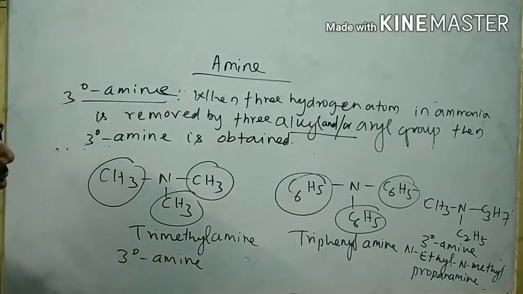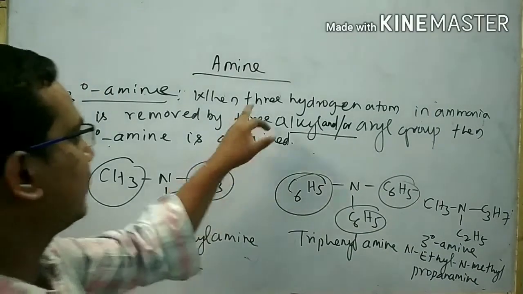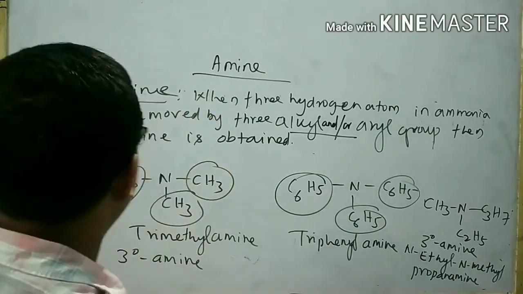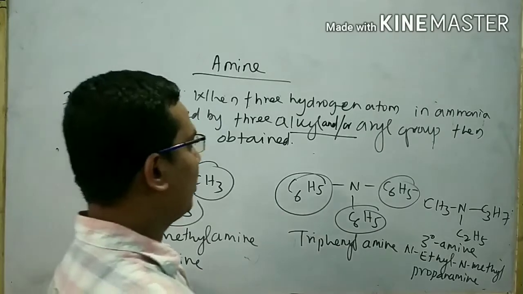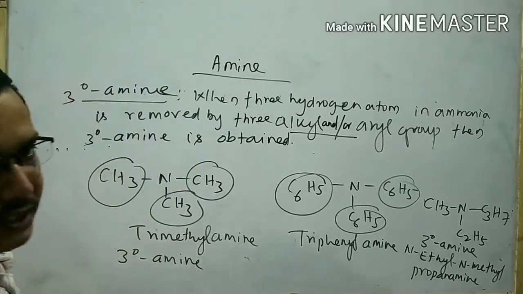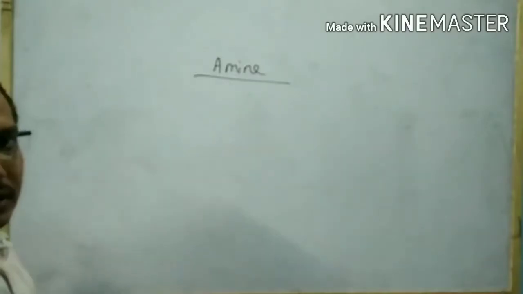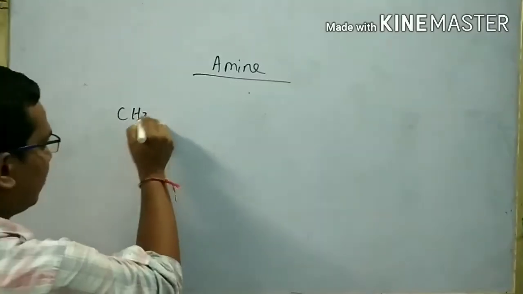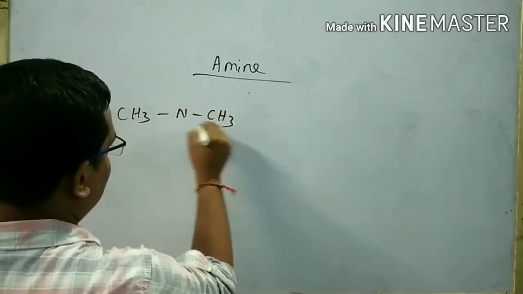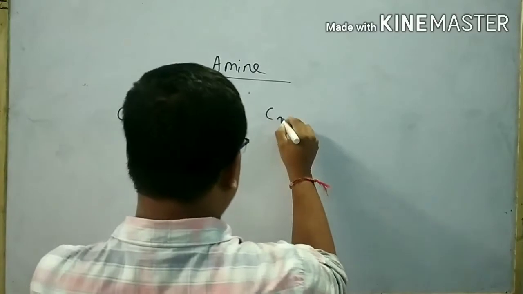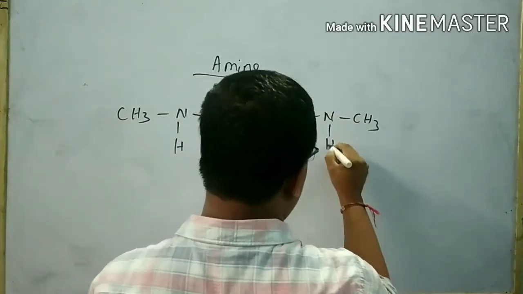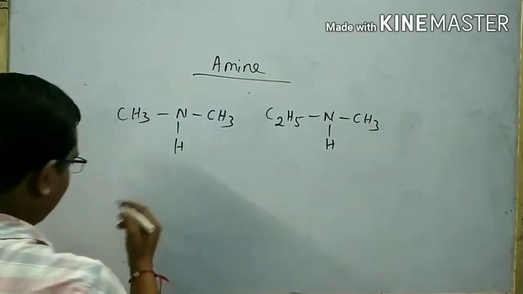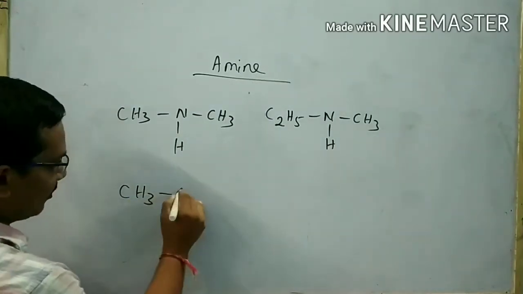From this example, we can conclude that when 3 hydrogen atoms in ammonia are replaced by 3 alkyl and or aryl groups, then tertiary amine is obtained. Think about the secondary amine. This is said to be secondary amine. This is also secondary amine. Think about the tertiary amine.